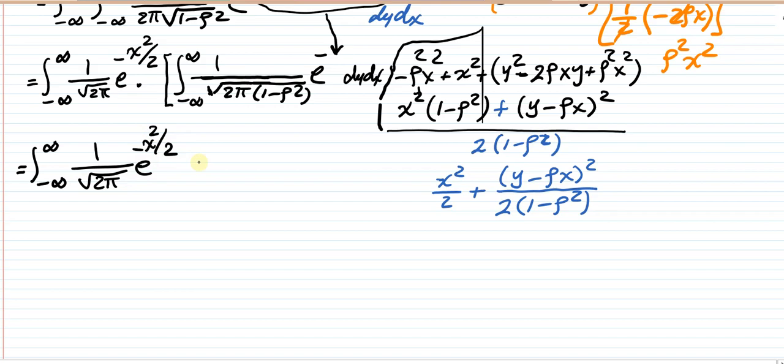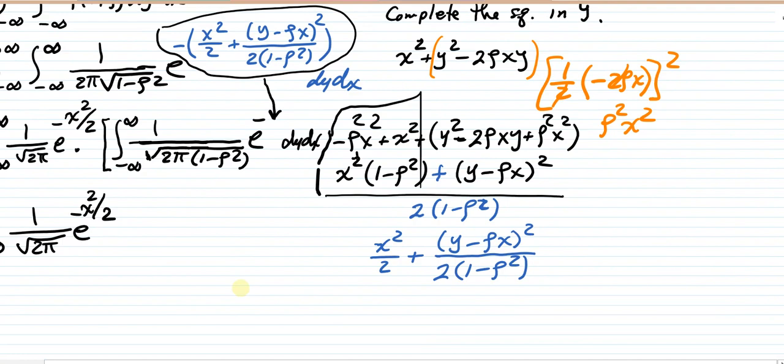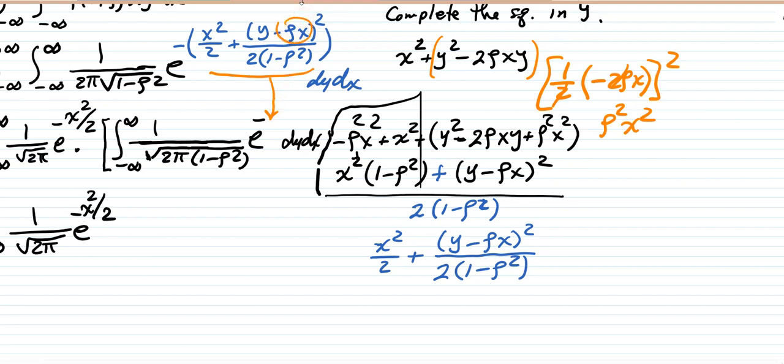Now, if you look at the density function here, all of this is a density function for a normal distribution whose mean is rho x and whose variance is 1 minus rho squared. Okay, it's this part. And remember, this portion we moved to the front.